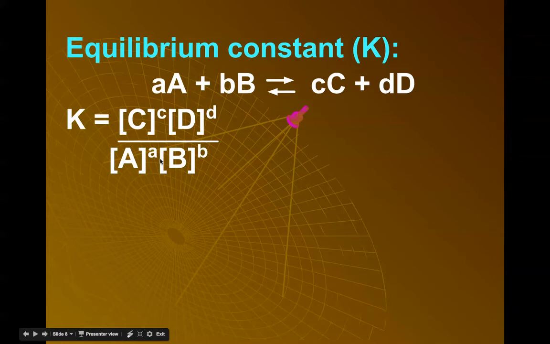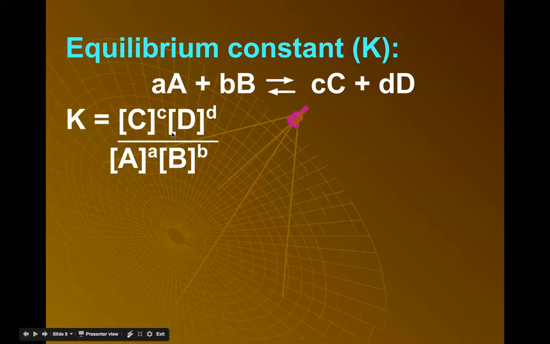We multiply those, but we bring them to the power of the coefficients. If we look at this, what you'll find is that the larger the K value, the more products we have, and the lower the K value, the more reactants we have. It tells you where the balance lies in the system.